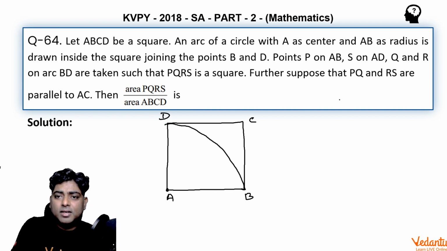Now point P on AB and S on AD, Q and R on the arc, we have to draw a square somewhat like this.